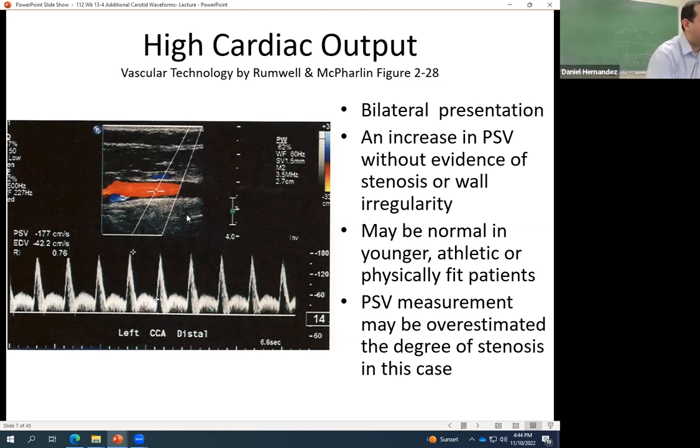They may not have any stenosis, but the velocities are elevated due to high cardiac output, so we see increased peak systolic velocities without any evidence of stenosis or wall irregularities. With high cardiac output, this is seen bilaterally, so both sides should be elevated. If one side is low and one side is high, that doesn't make sense. If we want to say it's due to high cardiac output, it has to be seen bilaterally.